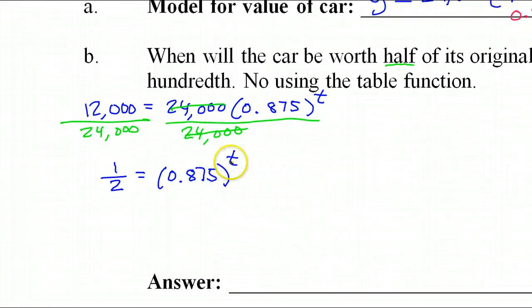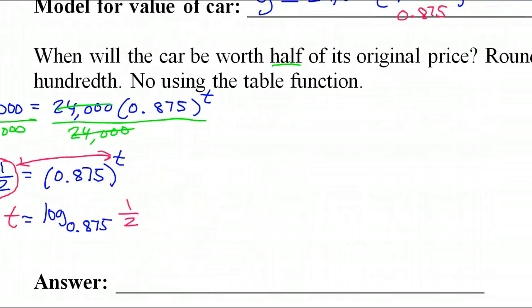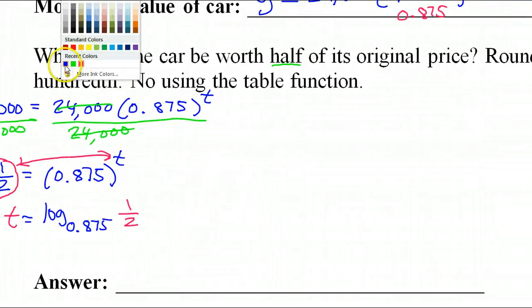So once again, for like the 4th time, we need to rewrite this in log form, not divide. In log form, we always start with a base. So we're going to write log base 0.875. Then these two things will trade sides. So the t is going to come out here, and the 1/2 is going to be here. In order to put this in your calculator, though, you're going to have to do a change of base formula.